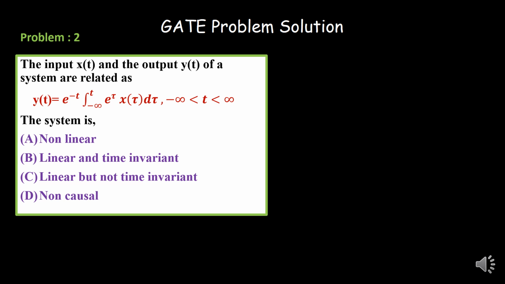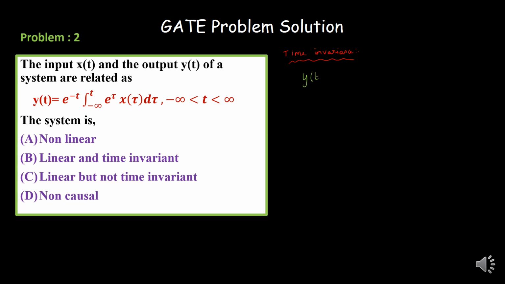In this page, we will check whether the system is time invariant or not. So let me write the condition for time invariance. How can we check whether the system is time invariant or not?